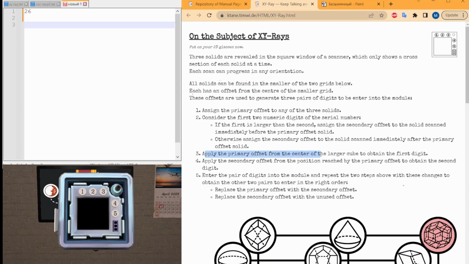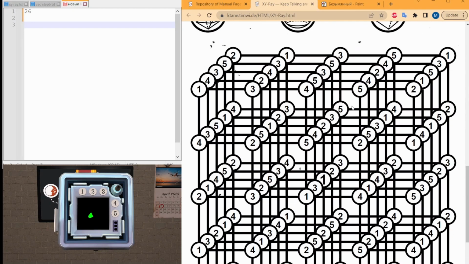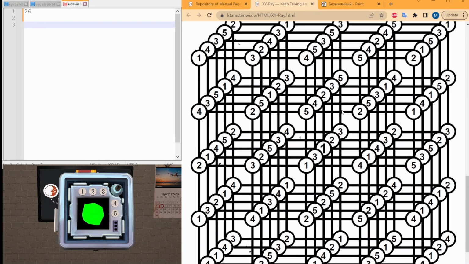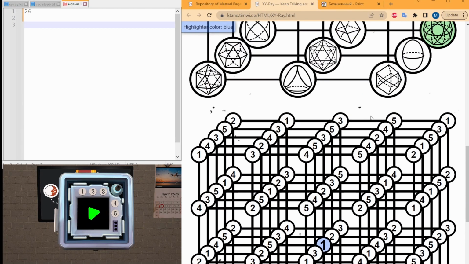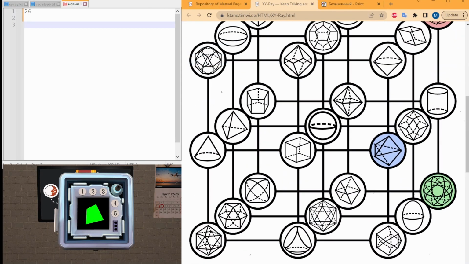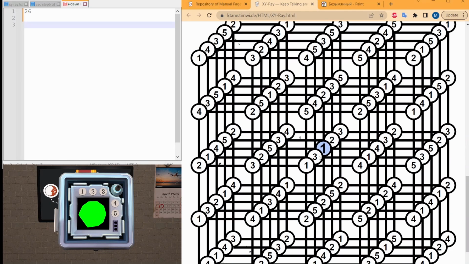Apply the primary offset from the center of the larger cube to obtain the first digit. This is where this table comes in. So what you do is, starting at the center, you're going to go in the same direction as the primary offset from the center of this big cube, which means you're going in this direction from the center, which is front right. So front right.